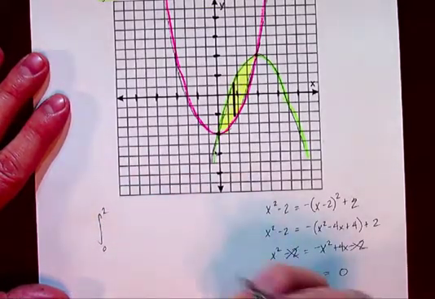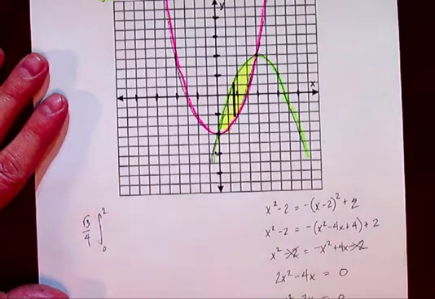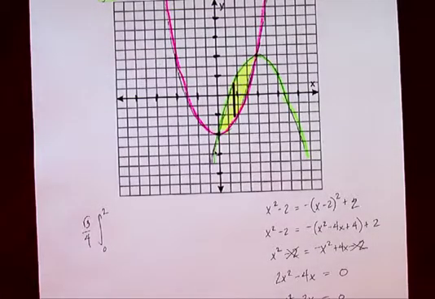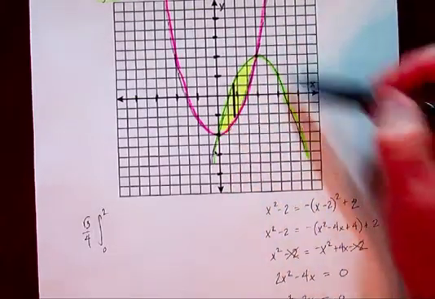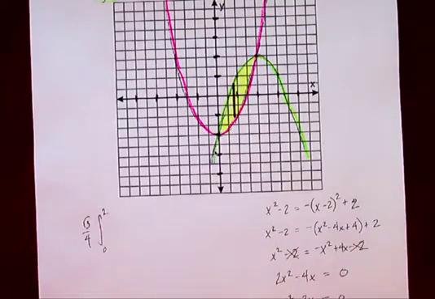They're equilateral triangle cross sections, so I need to remember my root 3 over 4 out in front. Okay? And now I need my s of x. Well, my s of x is going to be the green minus the pink. Okay? Now, when I shoved everything over to the left-hand side, I got pink minus green.